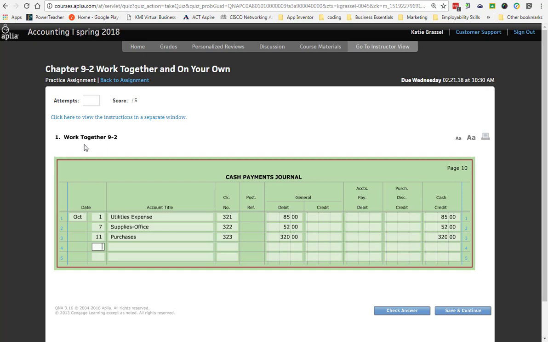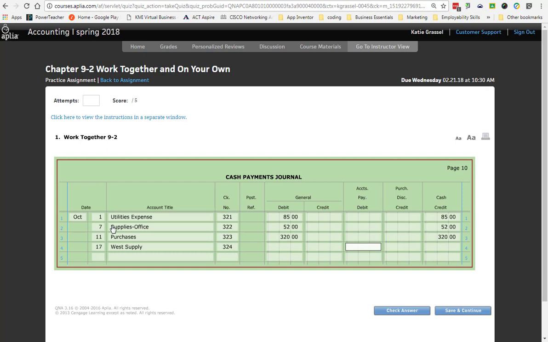Okay, so I'm going to put the date of the 17th, and I'm going to go ahead and write in just West Supply. Because I'm using the accounts payable column, I don't have to write the word accounts payable. Check number 324. Now, accounts payable, we have to record it. This is the most common mistake. So for those of you that are jumping ahead, listen to my words.